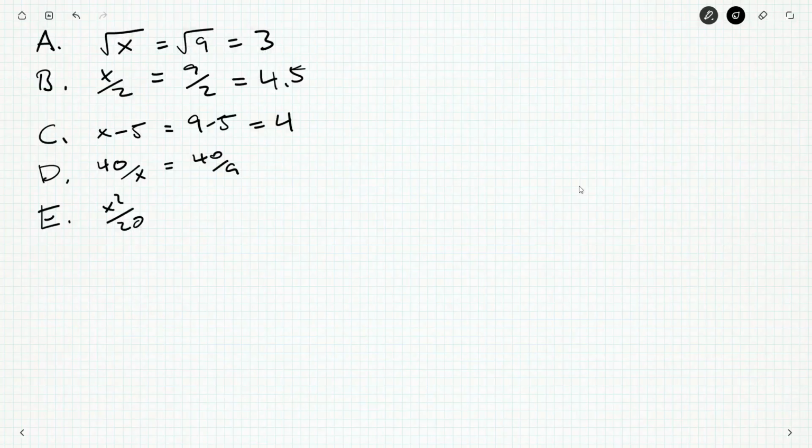40 over 9. Okay, well, I know that 4 nines is 36, and that would leave me with 4, so 4 ninths. So we'll rewrite this as 36 divided by 9 plus 4 divided by 9, which is 4 plus 4 over 9.